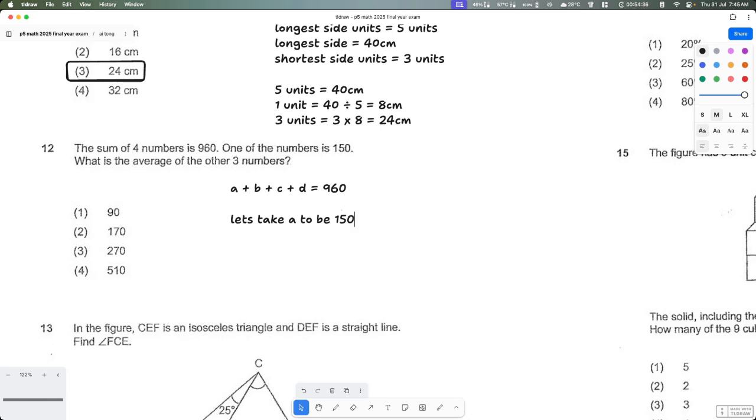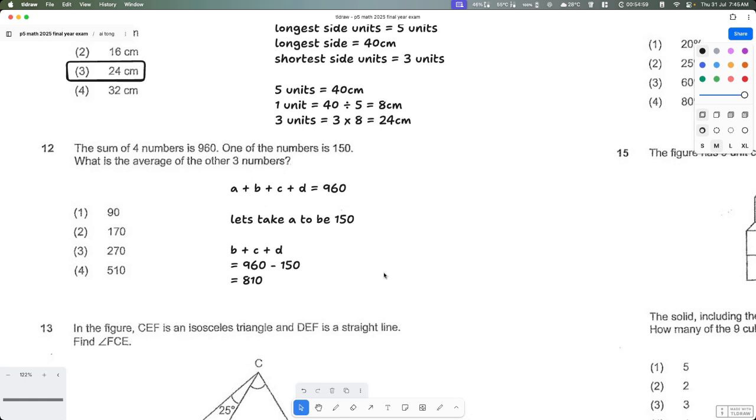That means b plus c plus d is equal to 960 minus 150. This will give us 810.